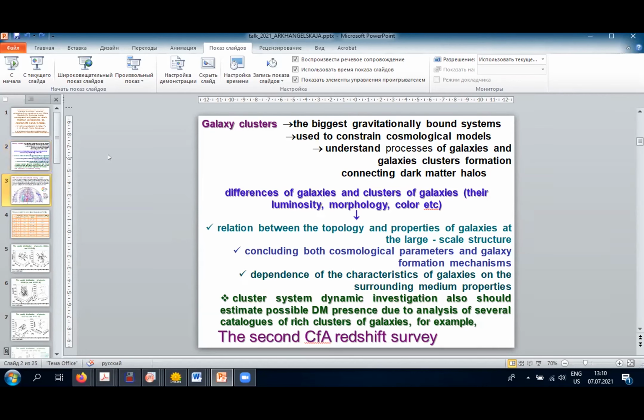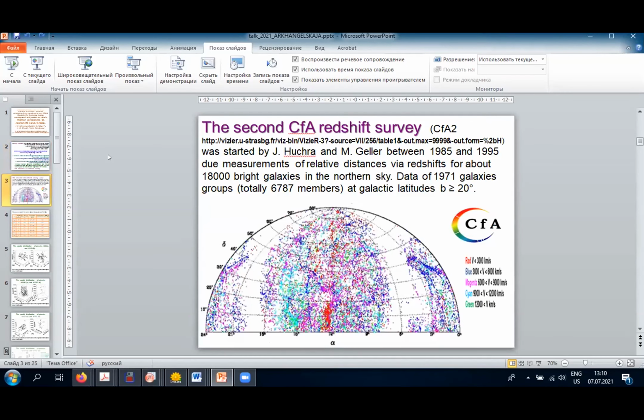This slide represents the galaxy distribution according to the second CfA redshift survey data. This catalog was compiled between 1985 and 1995 during measurements of relative distance via redshift for about 18,000 bright galaxies in the northern sky.